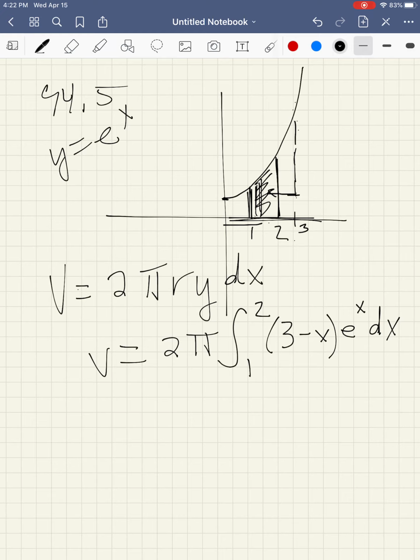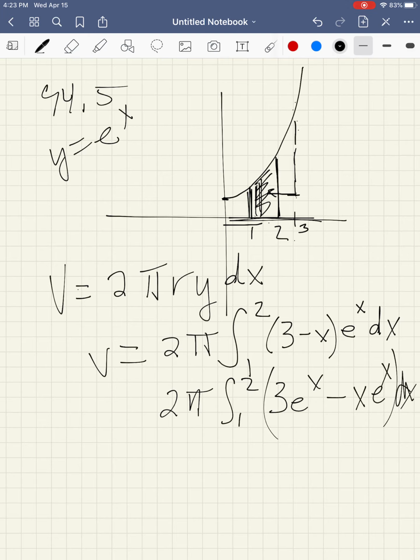Okay, let's see, they went ahead and multiplied it out. They broke it up into 2 integrals. So if we break it up into 2, you don't have to do this, I'm just going to show you. This would be 2 pi integral 1 to 2 of 3 e to the x minus x e to the x dx.